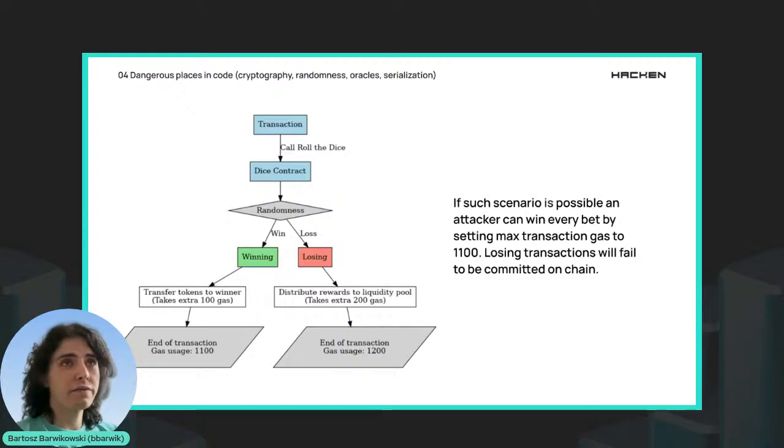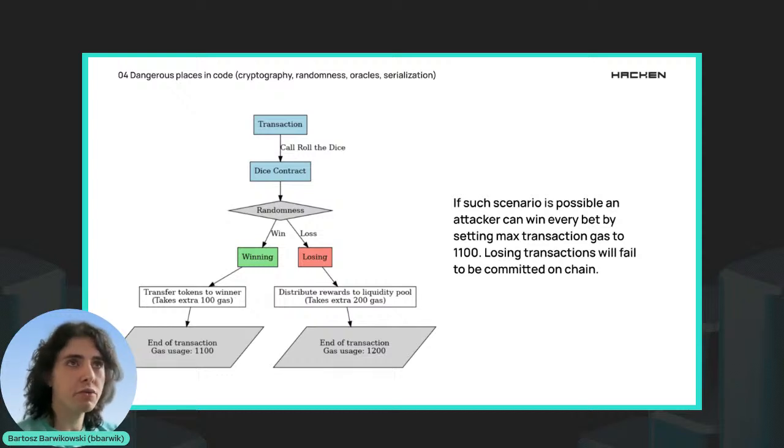Okay, another example of how to easily make a mistake is randomness. For example, this is an example in case of a smart contract. So let's say you have some smart contract which is using randomness, and it has two scenarios. Like let's say it's a roll the dice smart contract.